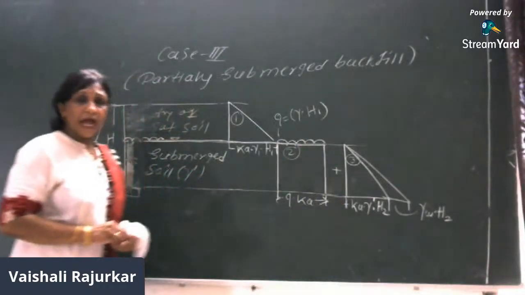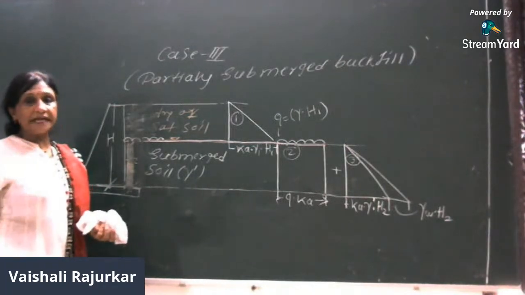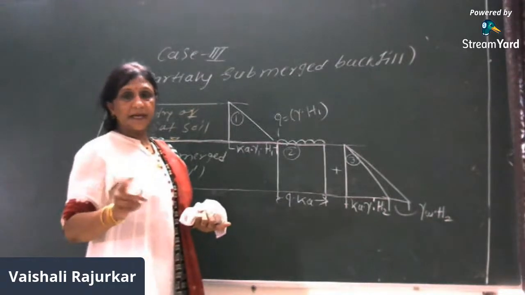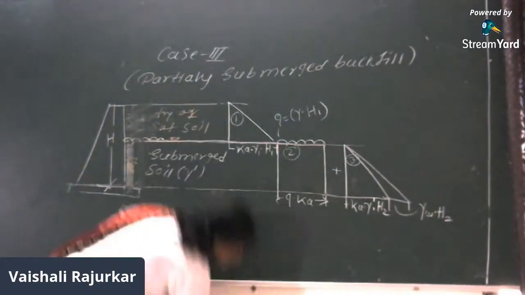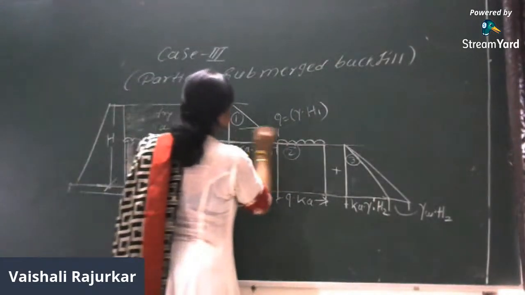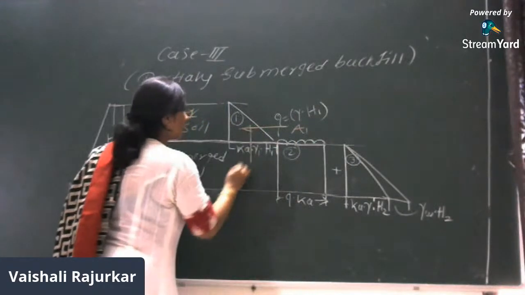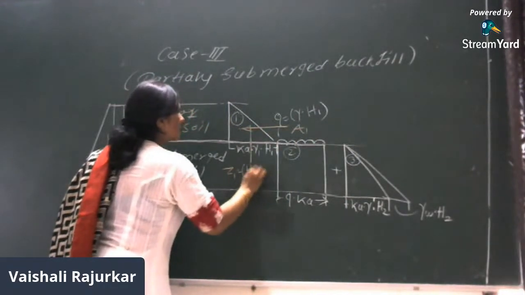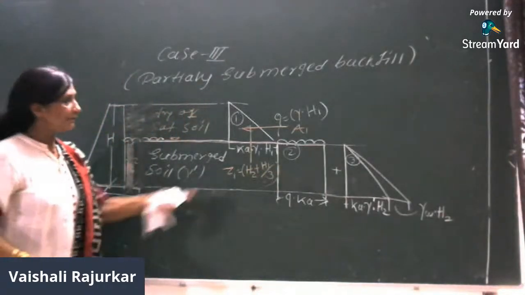Then we have to calculate the individual Z1, Z2, Z3 for the different diagrams. That is the CG of the different diagrams from the base of the footing. Therefore this is A1, which will be acting at Z1 is equal to H2 plus H1 by 3. Are you agreed?